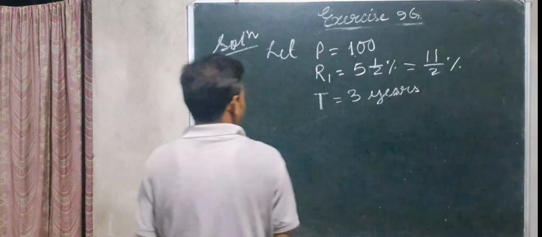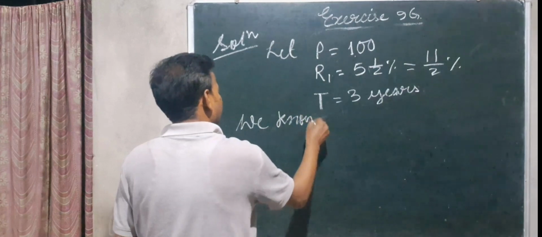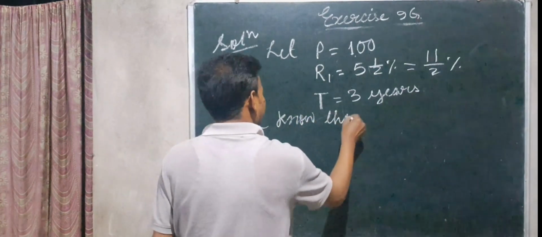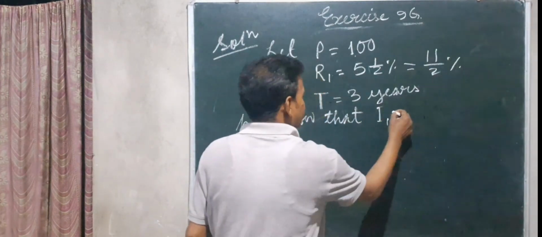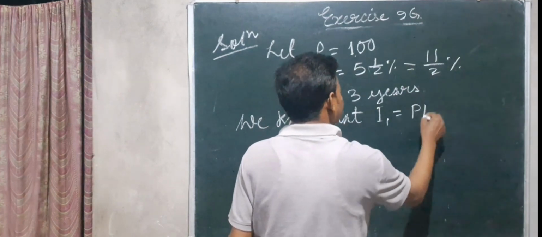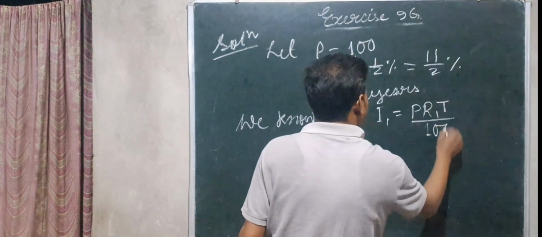Okay, we know that I1 equals P R1 T by 100.